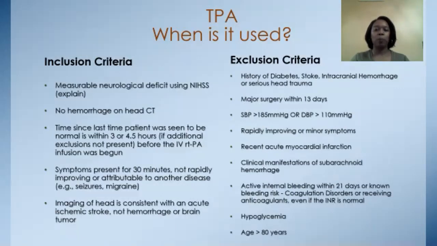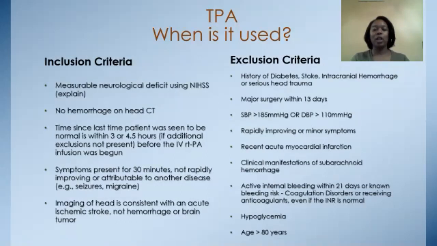Exclusions: history of diabetes, stroke, intracranial hemorrhage, or serious head trauma. Major surgery within 13 days. A systolic blood pressure above 185 and a diastolic blood pressure above 110. Rapidly improving or minor symptoms. Recent acute MI.